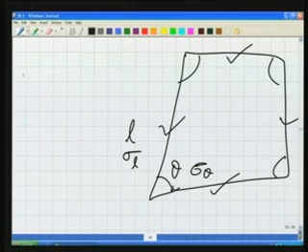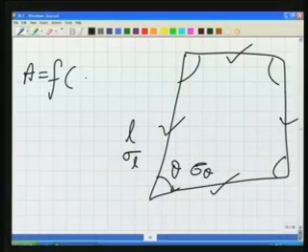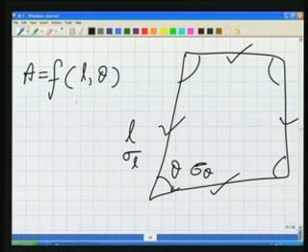Now, the area of this land parcel is a function of L and theta. For all these lengths and for all these angles, we know their individual standard deviations.